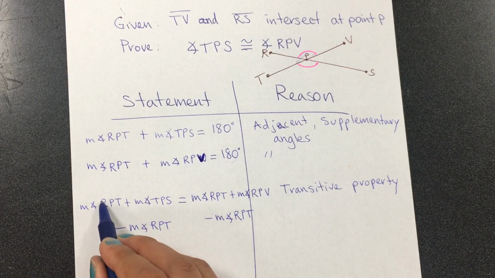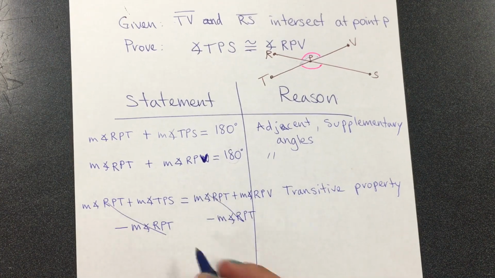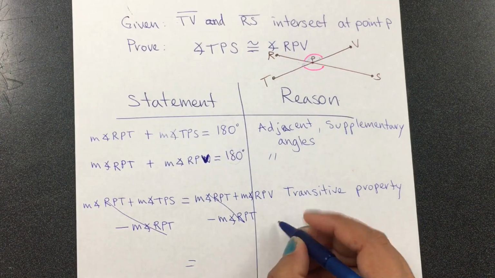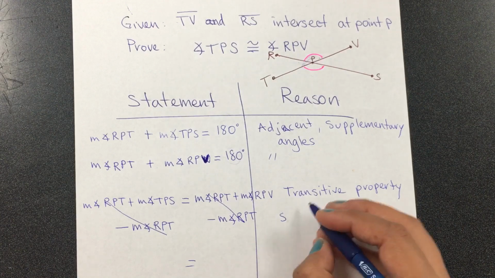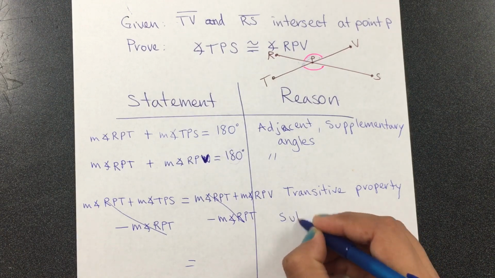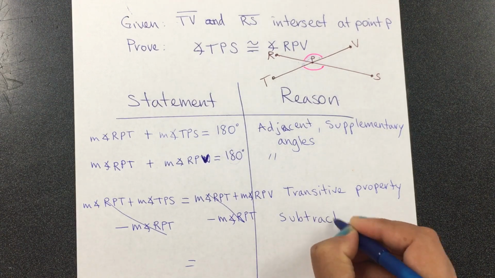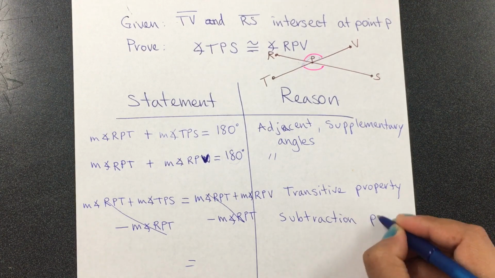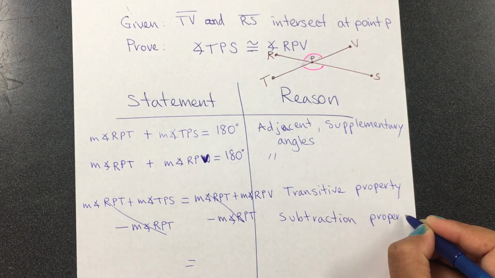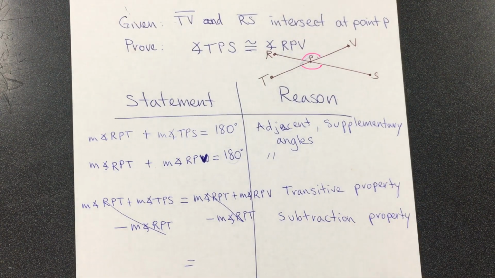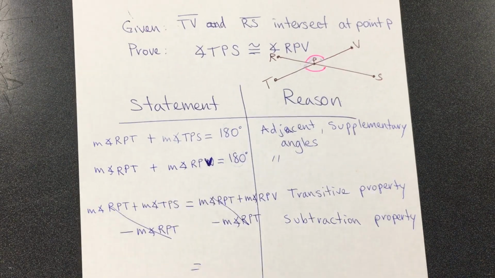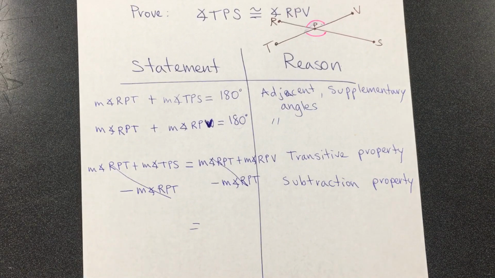This cancels, and this cancels, and what do I have left? Oh, and that's because of the subtraction property, okay? Subtraction. Meaning that if I subtract equals from equals, then they continue to be equal.